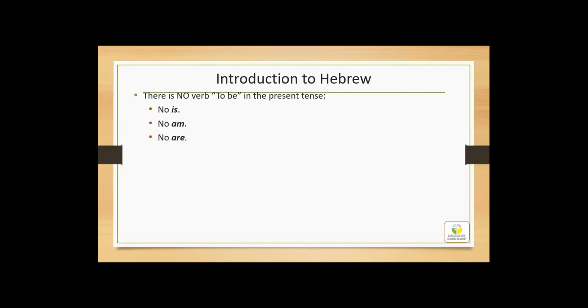There's a different story in the verb to be in the future tense and the past tense. Then you find an is and an are and an am. But in the present tense, I is sitting here. That's very ungrammatical, but I can't say that in Hebrew. I can't write that in Hebrew. If I wish to write, this is a student, I'm only going to write in Hebrew this student.